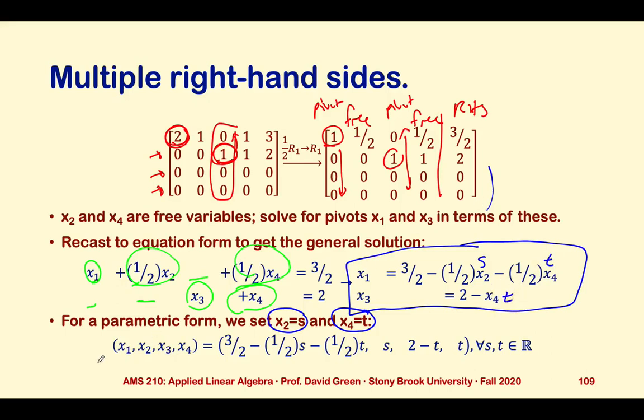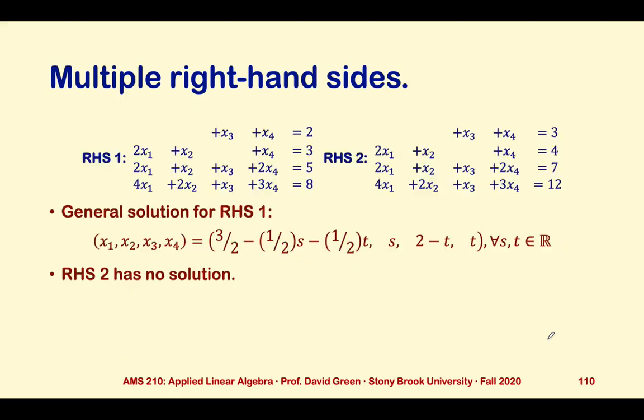We would write our final answer as the vector x1, x2, x3, x4 equals 3/2 minus half s minus half t for x1, s for x2, 2 minus t for x3, and t for x4, where those values can take on any possible value.